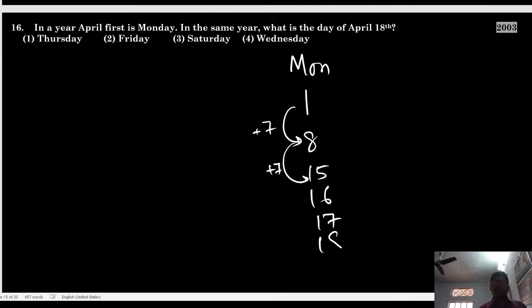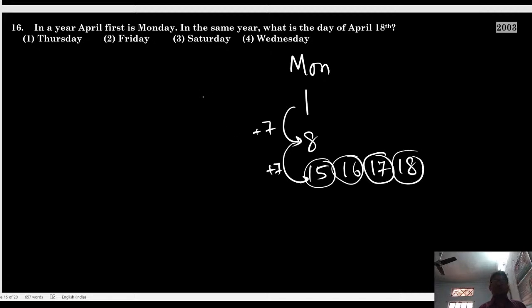Then 16 Tuesday, 17 Wednesday, 18 Thursday. So April 18th is Thursday.